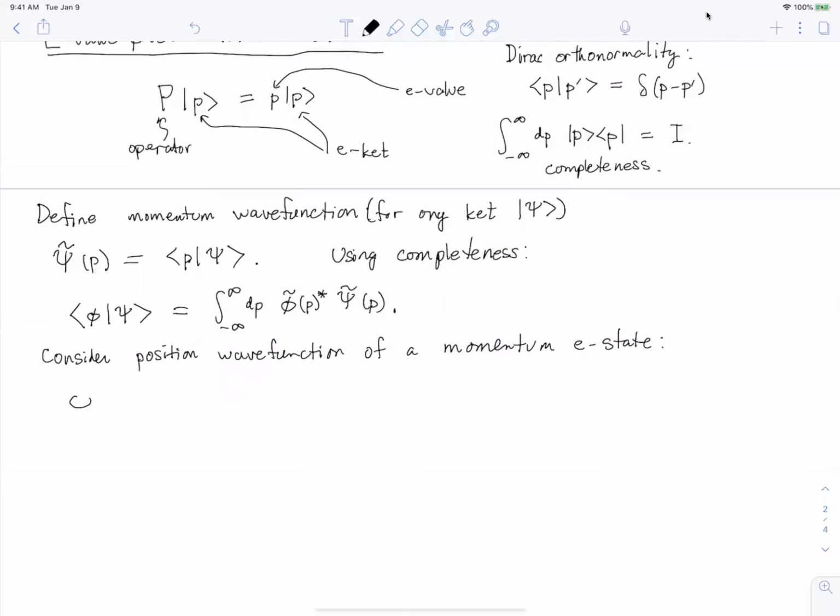We'll call it phi sub p of x, where p is the momentum. It's a function of x because it's a position wave function, but it's labeled by p, which is telling you which momentum you're talking about. And by definition, a position wave function is the inner product of the x position bra with the ket, which in this case is p, the momentum eigenket. And our goal here is to solve for this thing.